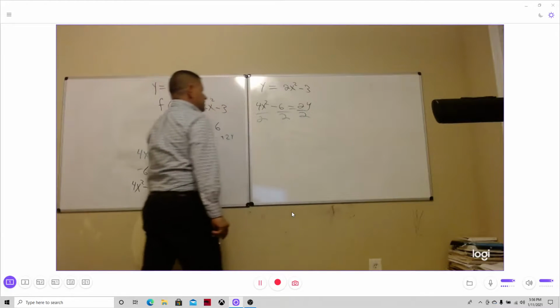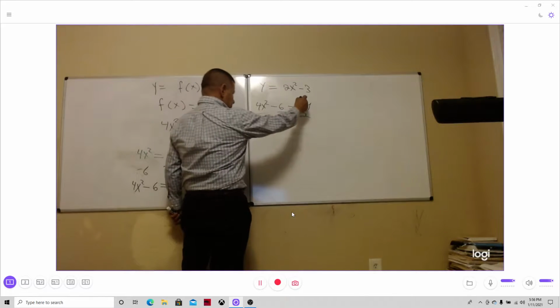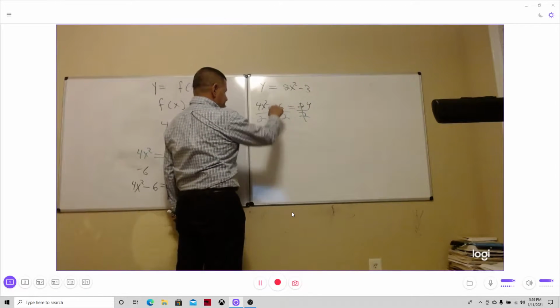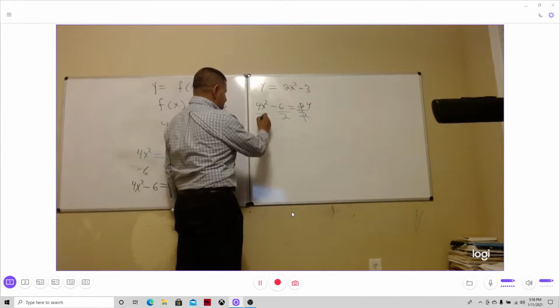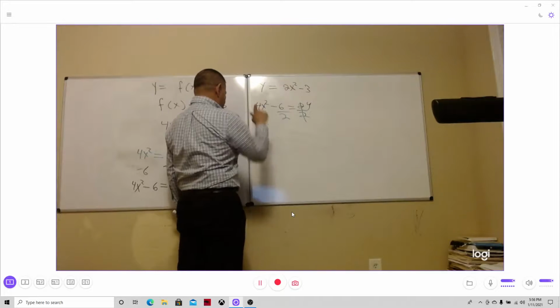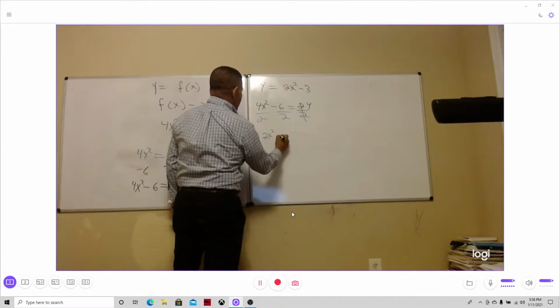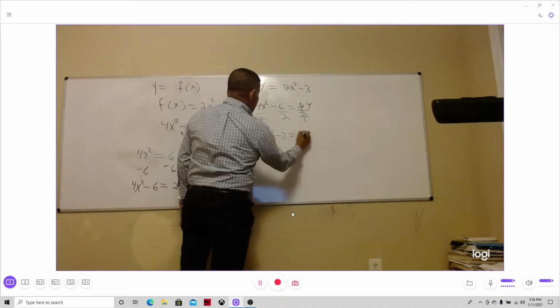on both sides. In this case, negative 6 divided by 2 is negative 3, and 2 goes into 4 two times, so I get 2x squared minus 3 equal to y.